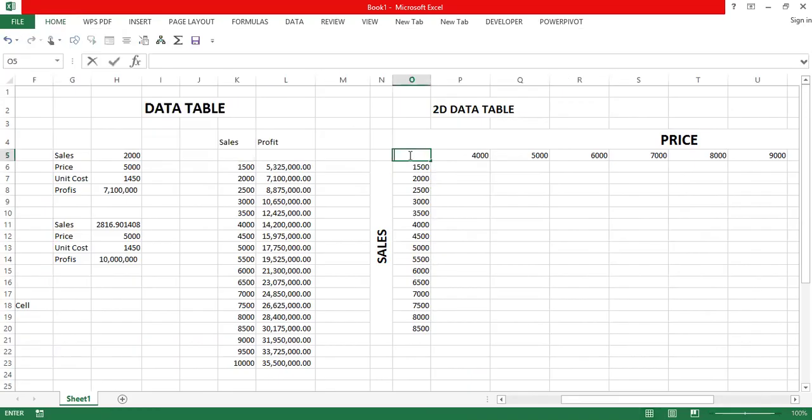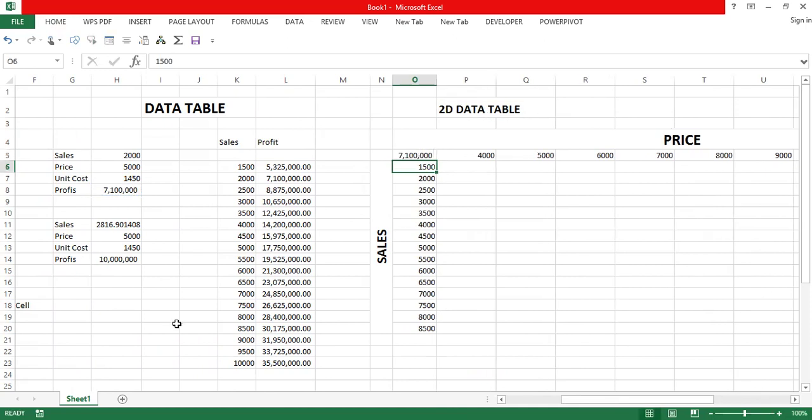Okay, so just type equals, and then you click the already computed profits. Then you highlight the whole thing.